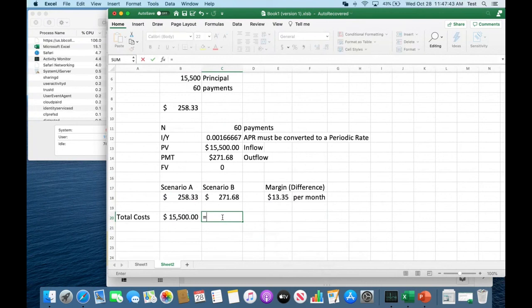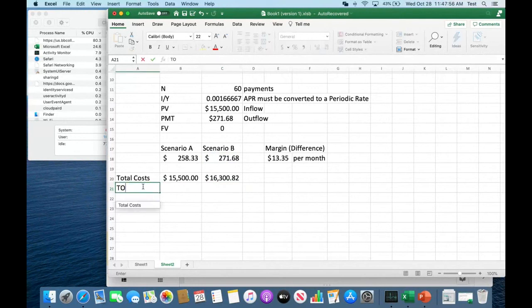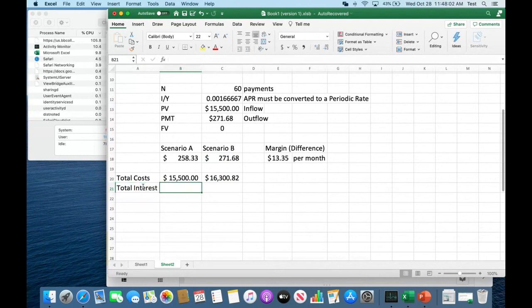But let's look at total cost with the financing method. Now we see a difference, right? And if we wanted to know the total difference, the marginal difference between these two options, we could say, okay, what was the total interest paid in each option?